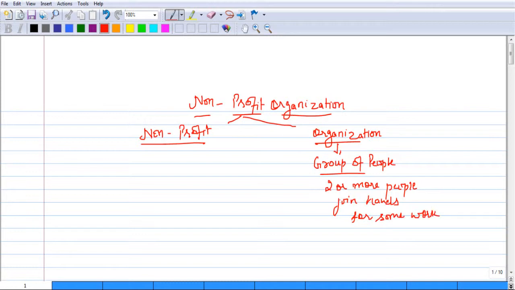So that is an organization. This means if we talk about the non-profit organization, it will consist of a group of people who have joined hands for a particular work, for the accomplishment of some work.